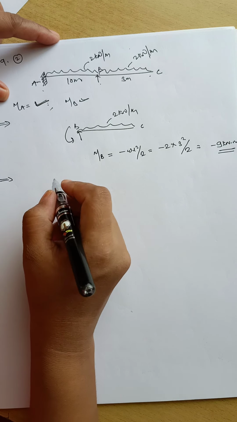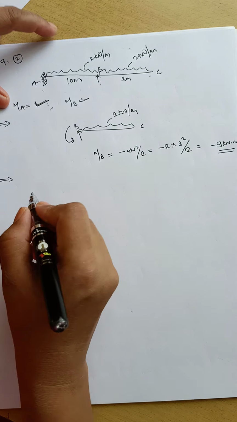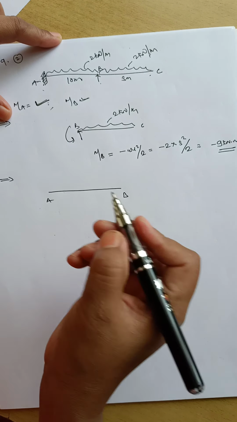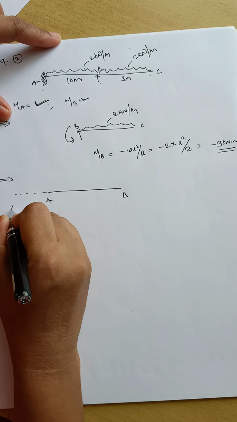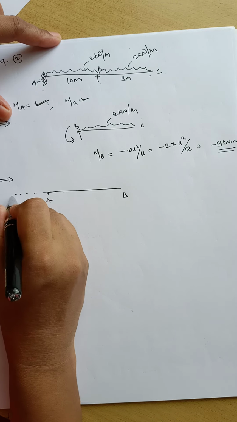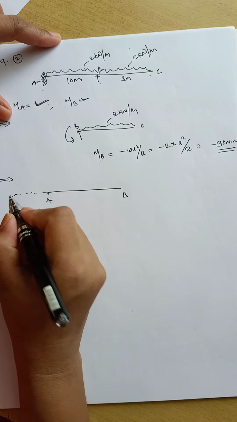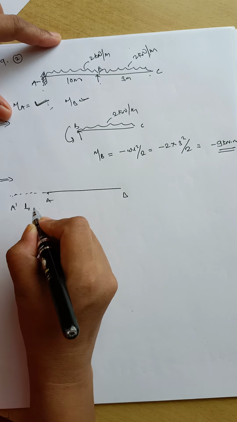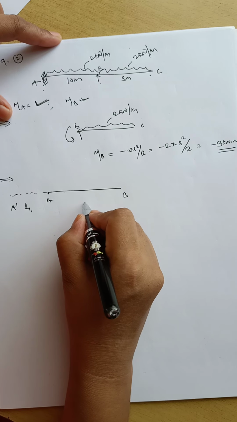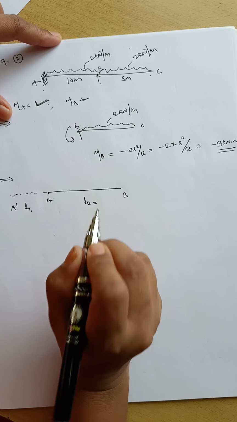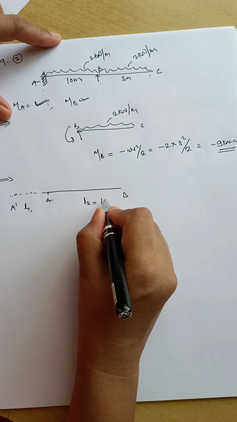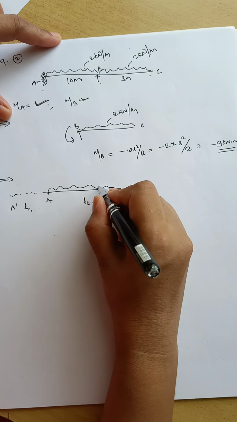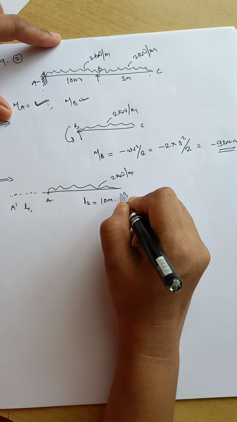Now here, think about A and B. Considering one dummy support A dash before support A, and a dummy span L1, and this is your L2 between A and B, that is 10 meter. This is 2 kilonewton per meter.